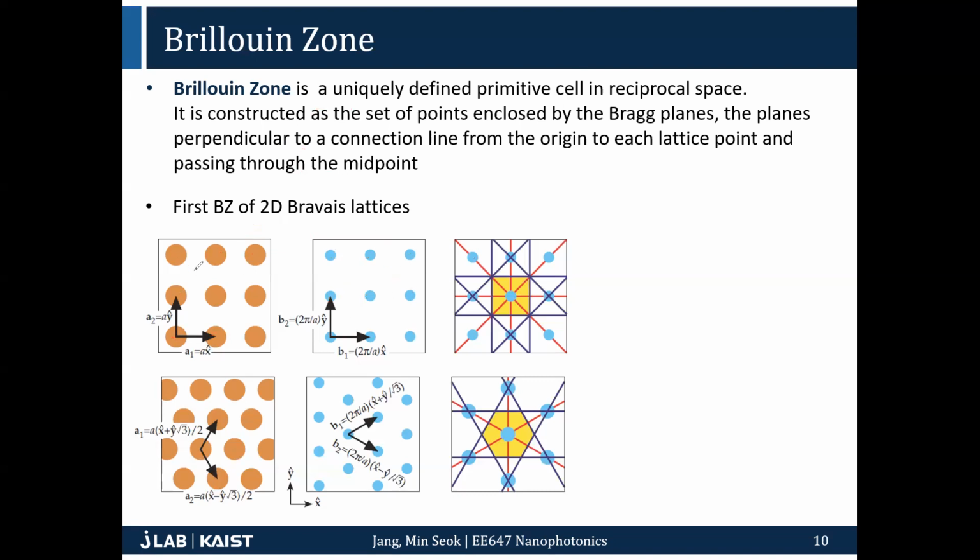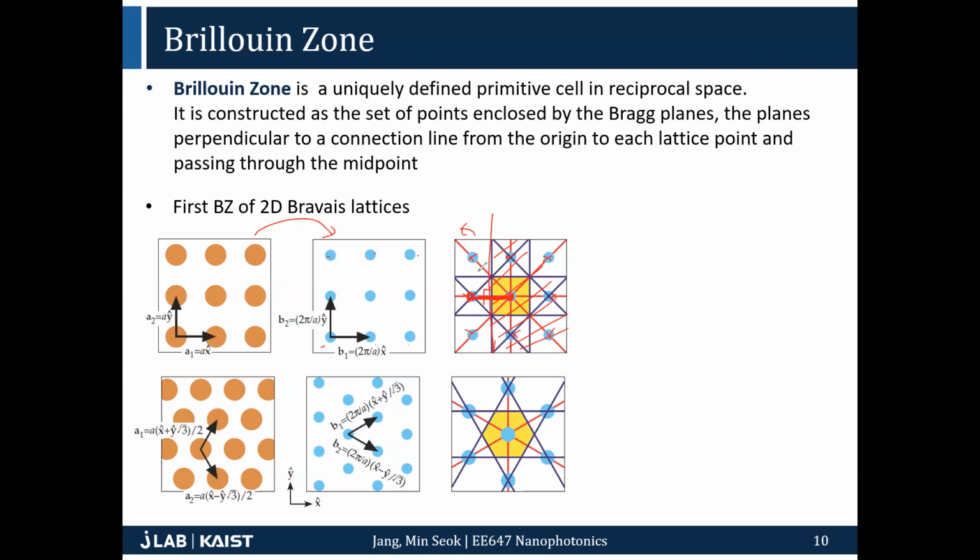Let's say you Fourier transform this, you get the reciprocal space. And here, the blue dots are reciprocal space vectors, reciprocal space points. If you want to define how much area is covered by this dot, what you want to do is draw a line between its neighbor, and then cut it in half, and then say that this region corresponds to this dot, and that region corresponds to that dot.